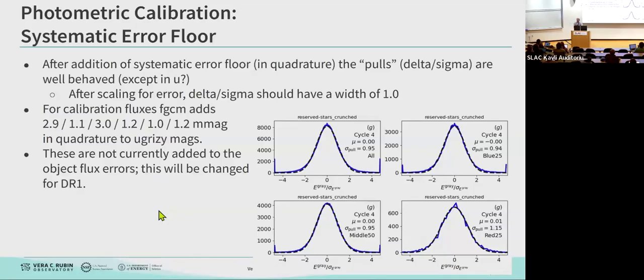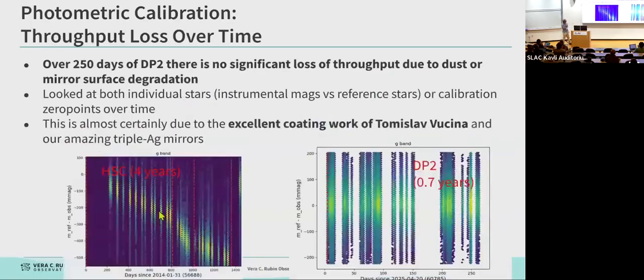If it's quoted there, there is a floor that you want to add. And this is for the single frame. For the coadds, the systematic error floor is actually probably larger because of the processing that has been done.